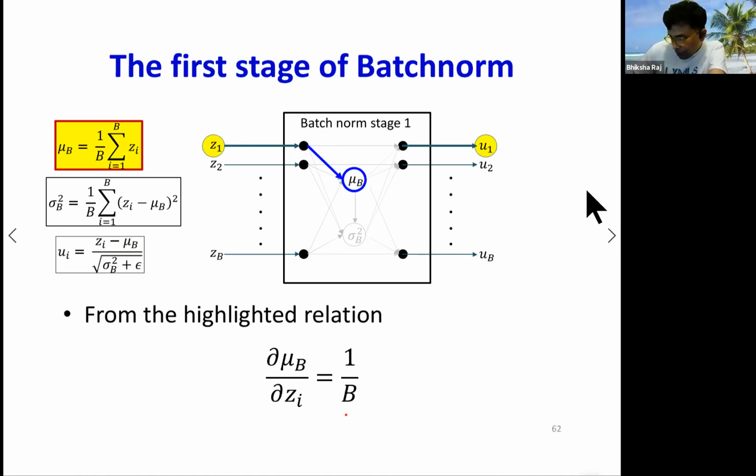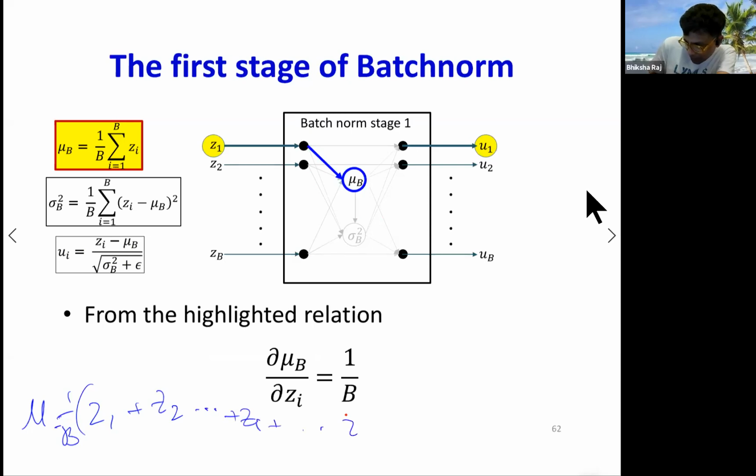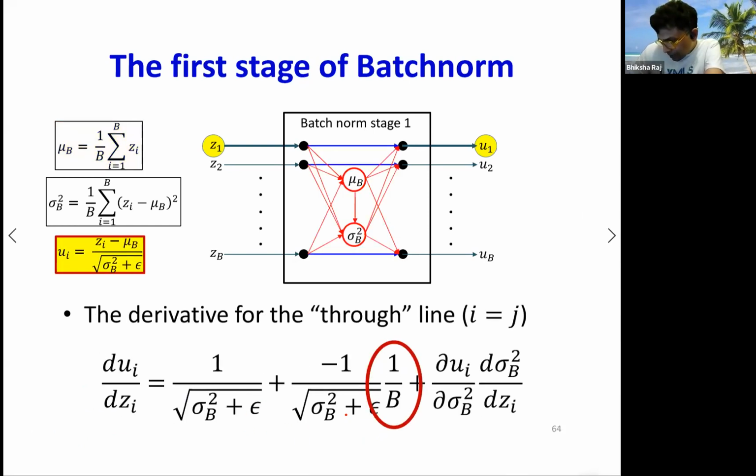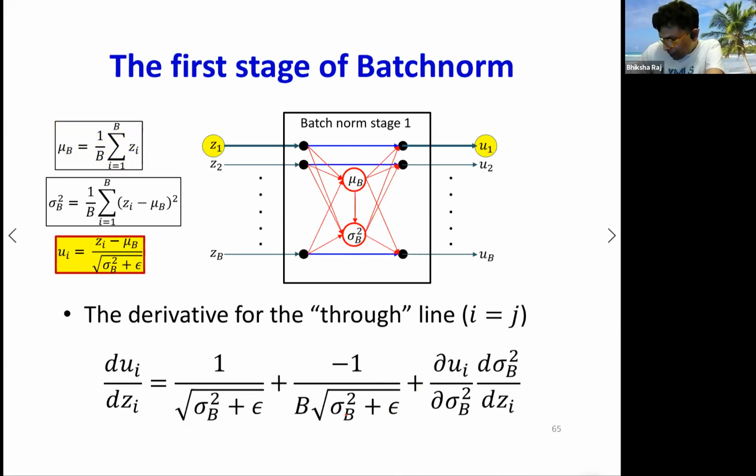And so that's because mu equals 1 over b times z1 plus z2 dot dot dot plus zi plus the remaining z's. And this is the only one that you're taking the derivative with respect to. And so that's going to give you just 1 over b. So this one's easy. I can replace that. And now, this is the expansion we have so far. We have a couple more terms to compute.